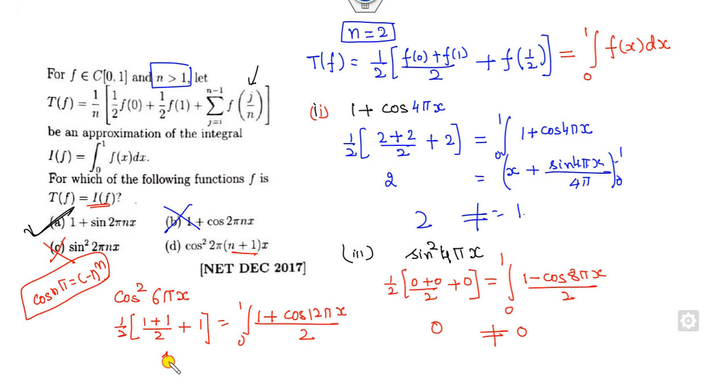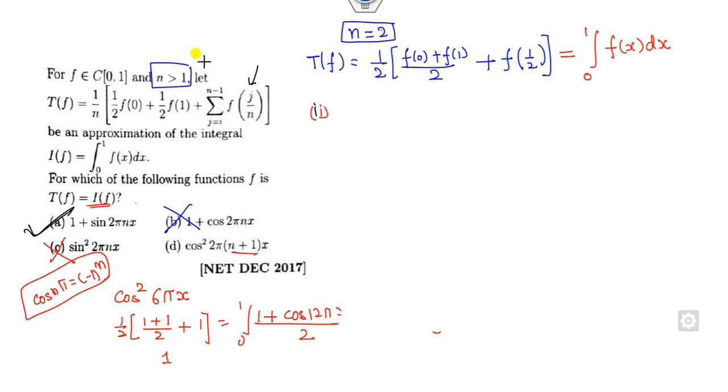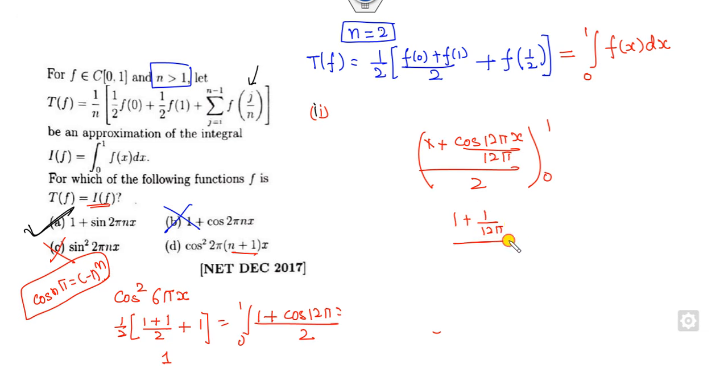So what is that? It's 1 plus, it's 1. And I can integrate on the right hand side. What is that? It is x plus cos 12 pi x over this, over 0 to 1. So when it's 1, cos 12 pi is 1 over 2.